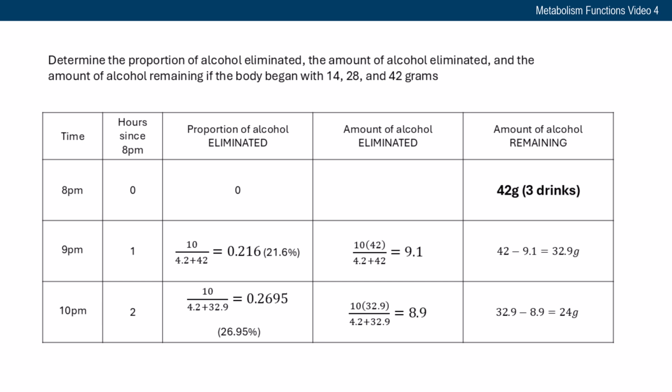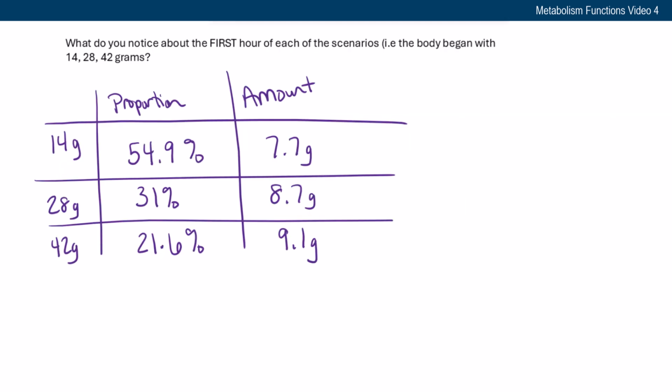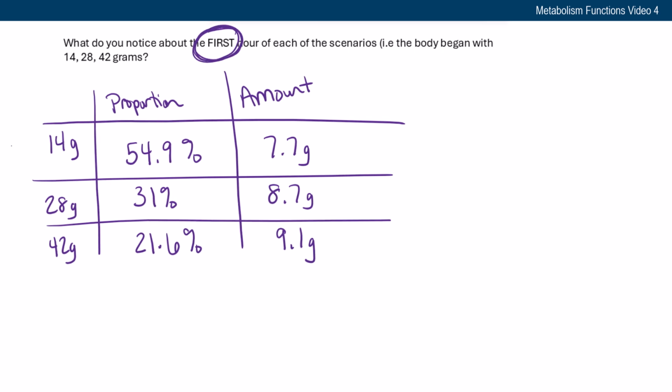So I'm going to create a new table with just the first hour data to help you focus on what's happening in the first hour. This table represents the first hour for each quantity of drinks: 1 drink, then 2 drinks, and then 3 drinks. In just a second, I want you to pause the video and compare what is happening with each of those columns.